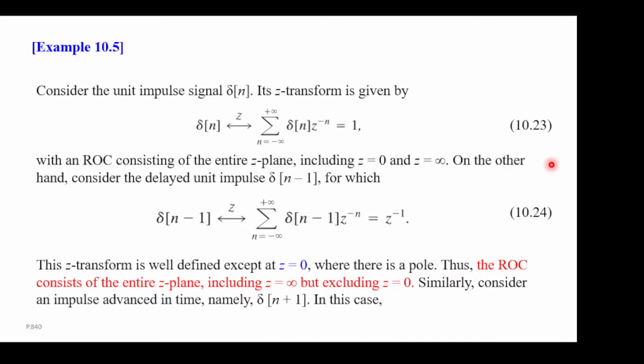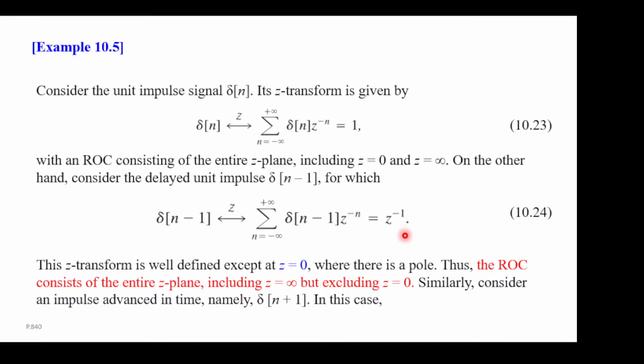And okay, on the other hand, if you shift this a little bit, so you think about delta of n minus 1, that's when basically you pick out, so it's time delayed, so it's a spike at n equal to 1. And for this, n equal to 1, so you get z to the minus 1.